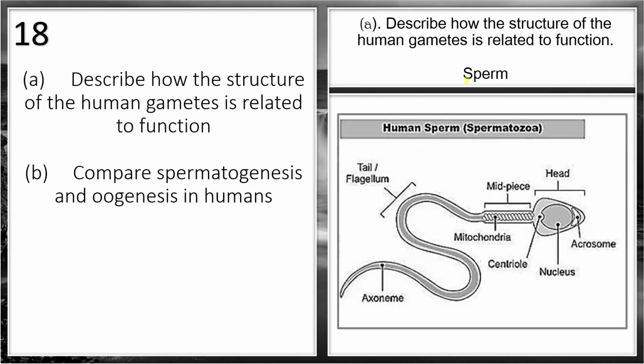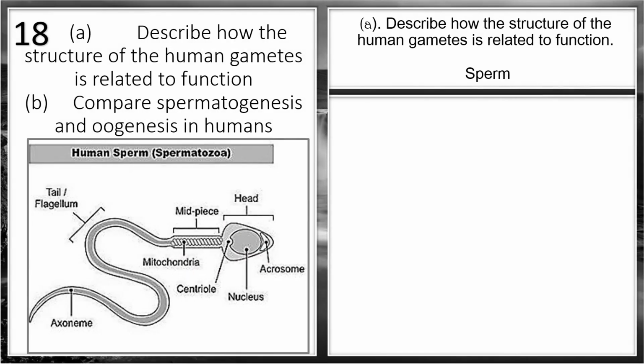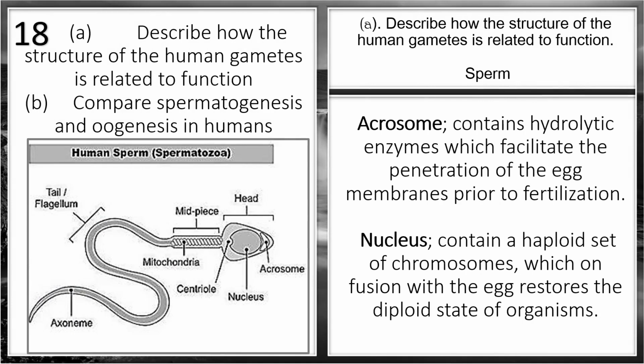Let's now look at the sperm. This is the structure of the sperm. It has got the head. It has the middle piece filled with mitochondria, and then it has the tail, which is the flagellum. The sperm has got the acrosome, this front part here.